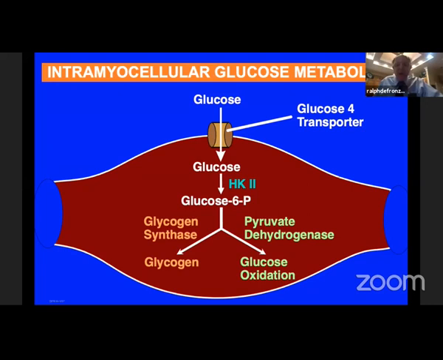And to the right is the glucose oxidation pathway, and about 1/3 of the glucose is going to be oxidized to generate ATP. Now, the two rate-limiting enzymes are shown: for the glycogen synthetic pathway, it's glycogen synthase, and for the glucose oxidative pathway, it's pyruvate dehydrogenase.